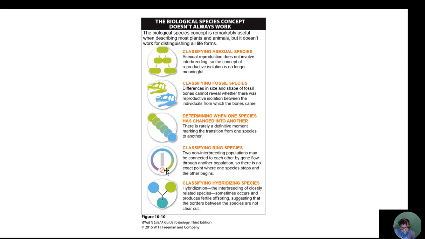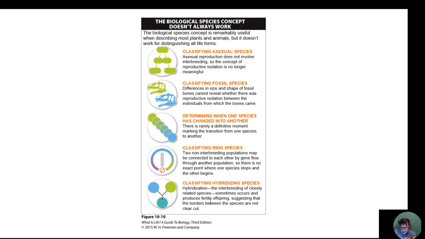And then you have another region where the biological species concept doesn't always work, and that's when you're trying to classify hybridized species. So in hybridization, the interbreeding of closely related species can sometimes occur, right?